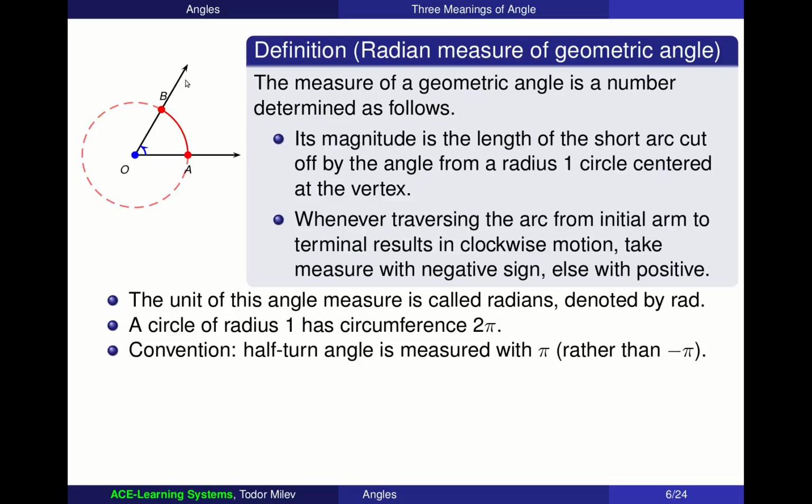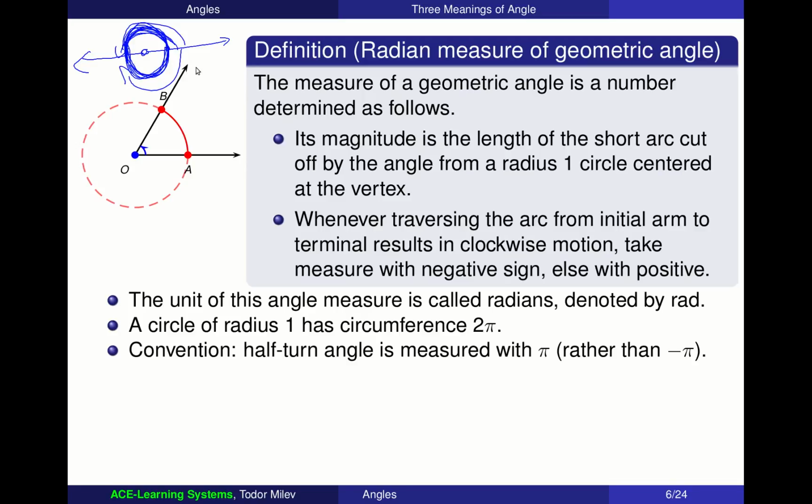If I take the geometric angle, which is formed by gluing together two rays which lie on the same line but point in the opposite direction, then the two arcs chopped by the unit circle would both be of length pi, and it wouldn't be clear which one is the initial and which one is the terminal arm, because it wouldn't be clear which one is the short arc. So we could go in this direction or in that direction.